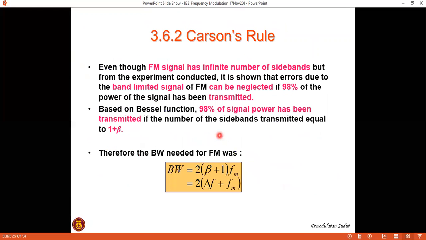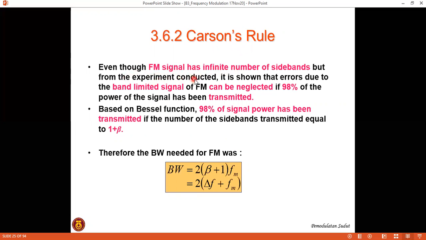We have also another one. Okay, you have already heard of Carson's bandwidth. What is Carson's bandwidth? FM can have a very high number of sidebands, up to infinite.